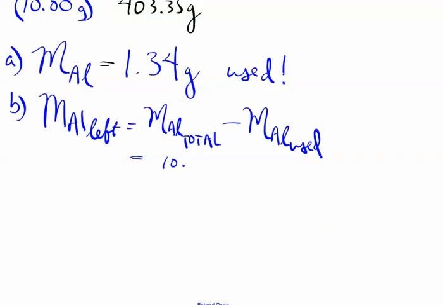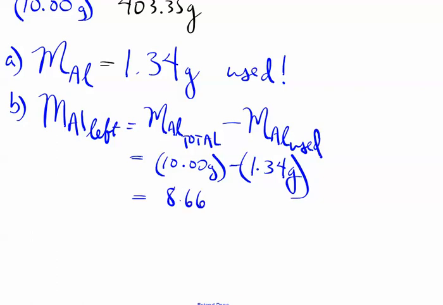So 10.00 grams minus 1.34 grams. Should be able to do this in my head, but I'm not going to, just in case. That's what I thought. 8.66 grams of aluminum.